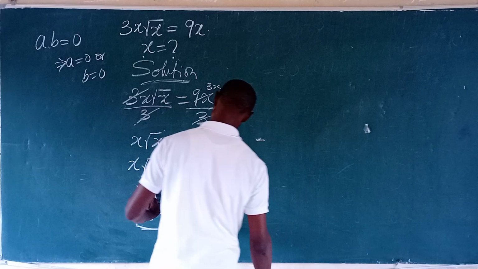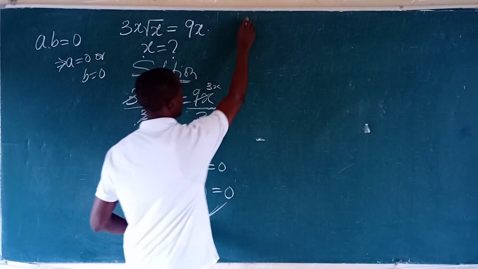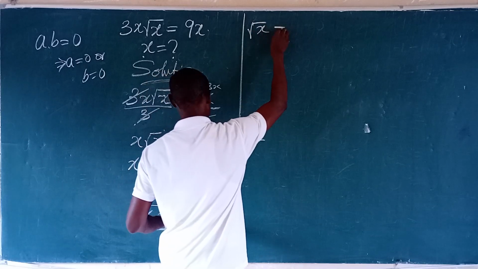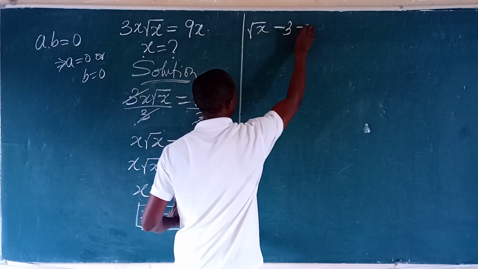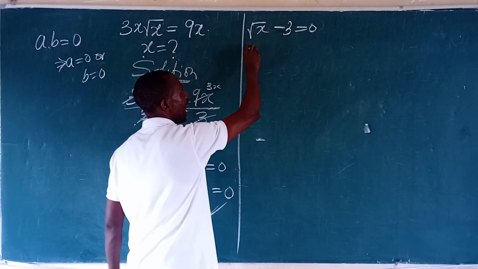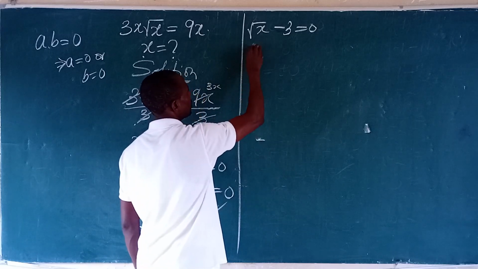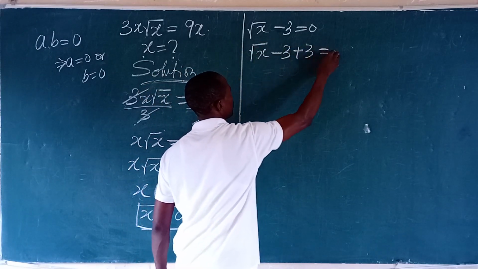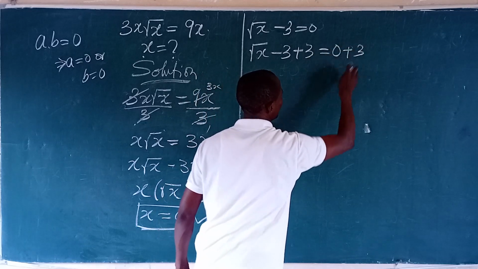We take a look at the second case now. We have the square root of x minus 3 equal to 0. Add 3 to both sides of the equation: square root of x minus 3 plus 3 equal to 0 plus 3.